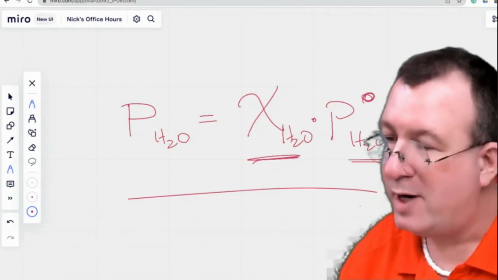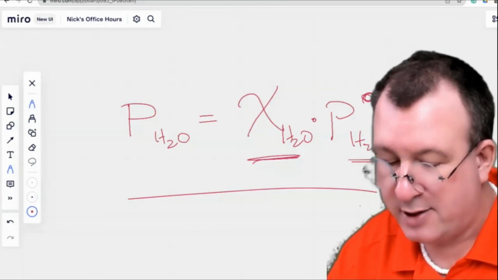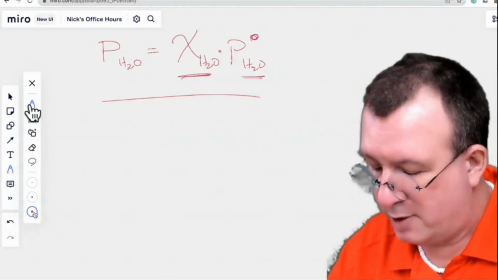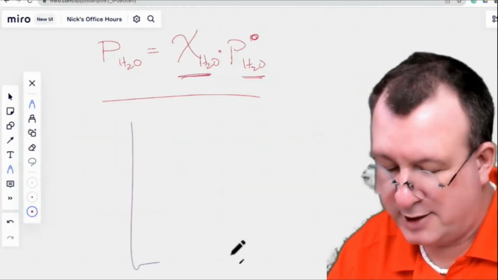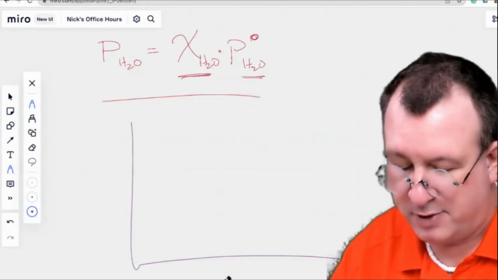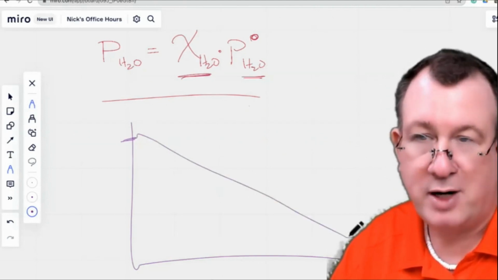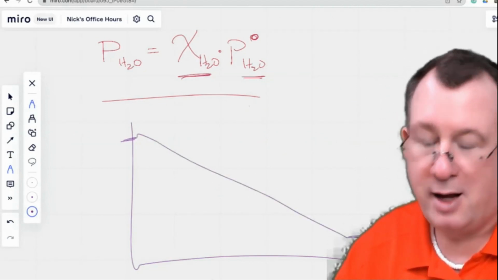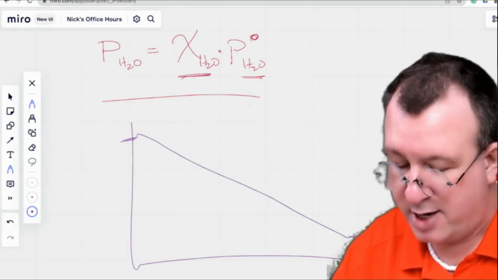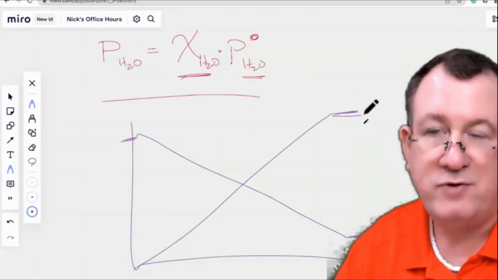And Raoult's law is kind of neat. If you use Raoult's law to calculate the vapor pressure, you'll see that as you change the mixture of something from like pure water to a mixture, Raoult's law is just a straight line. It's just a linear relationship. And the same way, if you start with 0 of this other thing and go up, Raoult's law will give you a straight line.